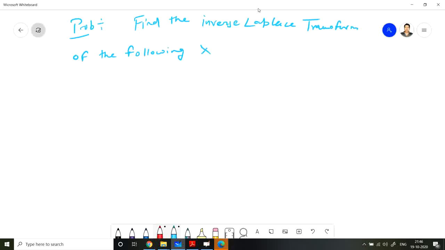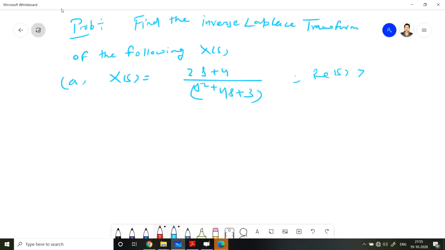The following X(s) are given. Part a: X(s) is equal to (2s plus 4) divided by (s square plus 4s plus 3), and the real part of s is greater than -1.